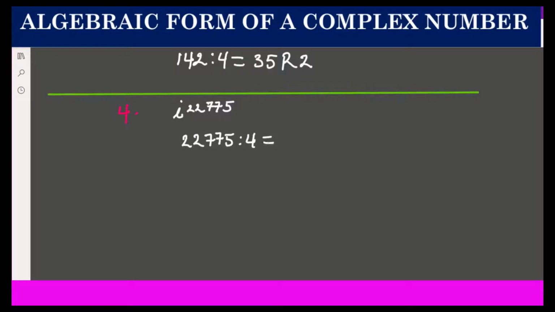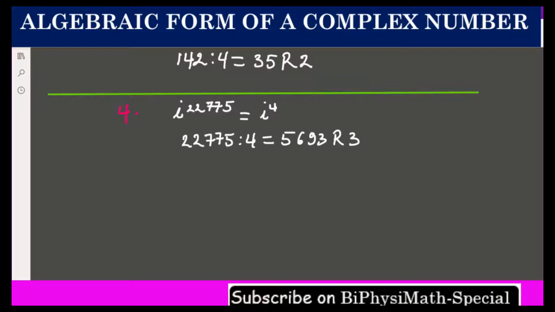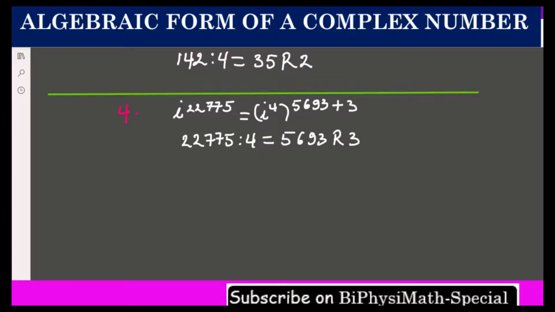You get 5693, remainder 3. Now you write this multiple of 4: i to the power 4 times 5693 plus 3.